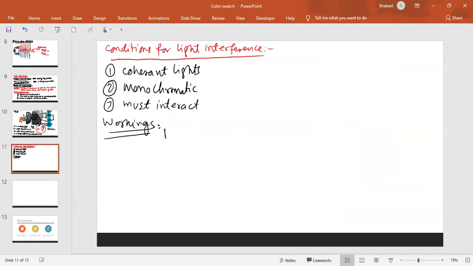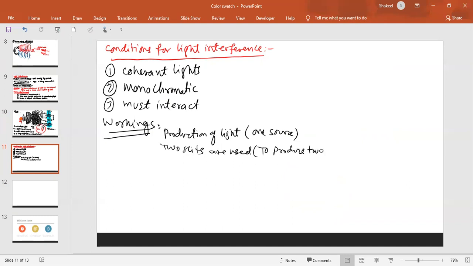So the first thing is production of light, from one source, and then two slits are used. Why are two slits used? To produce two coherent light rays, like from S1 and S2.